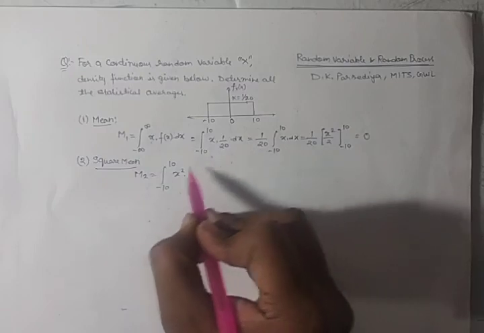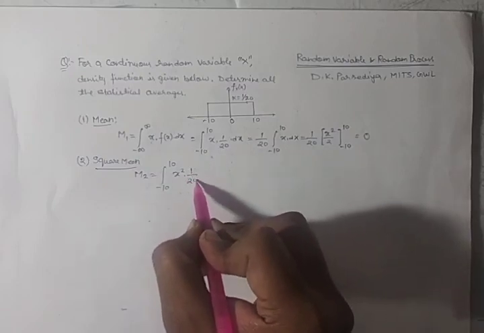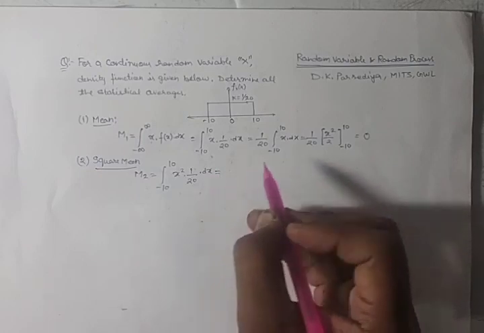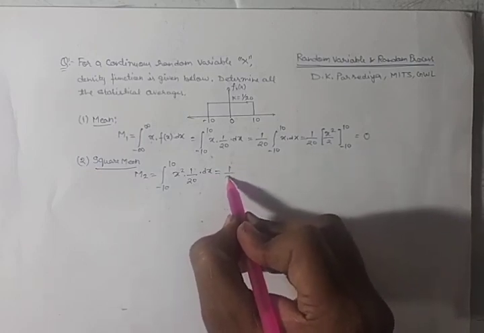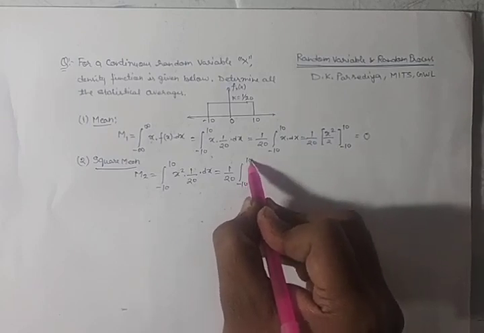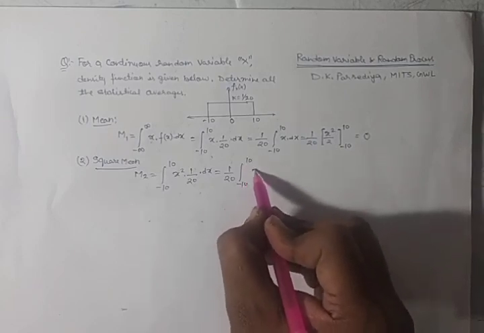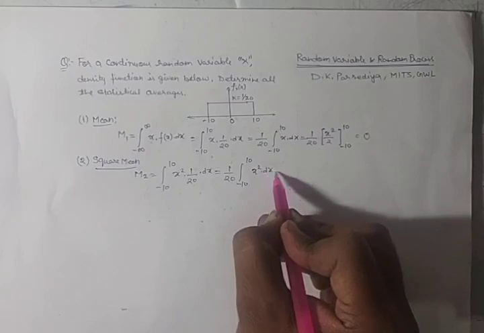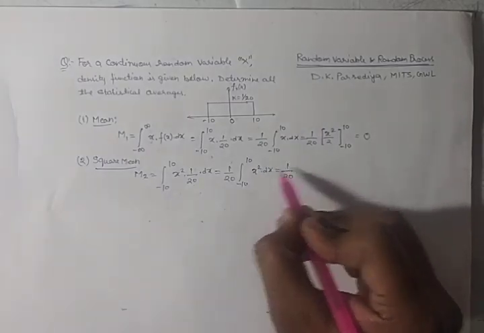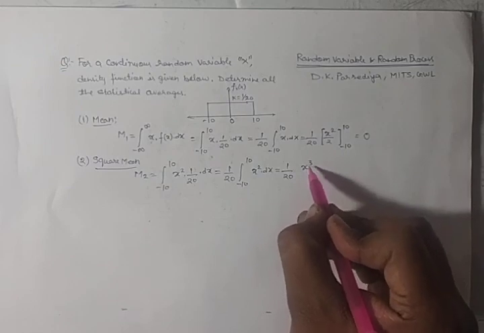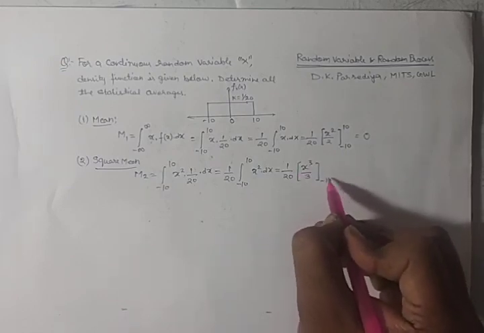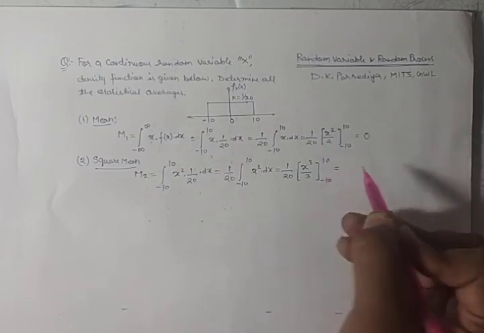Now between minus 10 to 10, our f(x) is 1 upon 20 dot dx. 1 upon 20 is constant, bring it outside, integration from minus 10 to 10 of x square dot dx. So this is 1 upon 20. Now the integration of x square is x cube by 3 from minus 10 to plus 10.